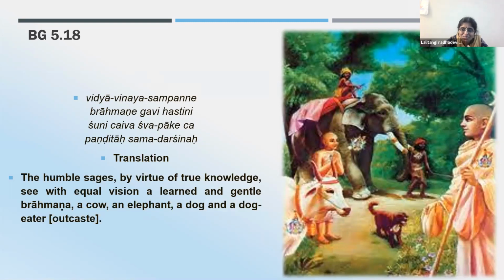Okay, both of you can read. Venkat Prabhu, you go ahead, and after that Balavrinda. Sure, Mataji. Vidya Vinaya Sampanne Brahmane Gavi Hastini Shuni Chaiva Shvapake Cha Panditah Samadarshinah. Hare Krishna, Mataji. Thank you, Prabhu. Now Balavrinda.